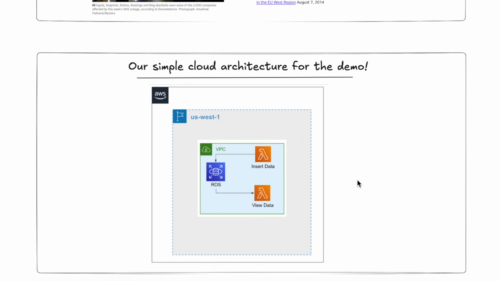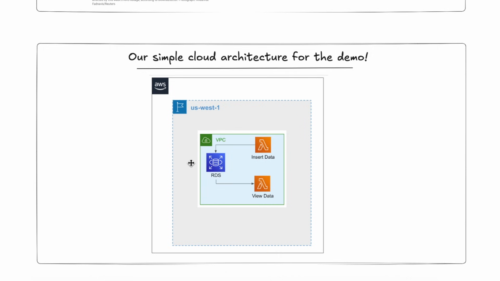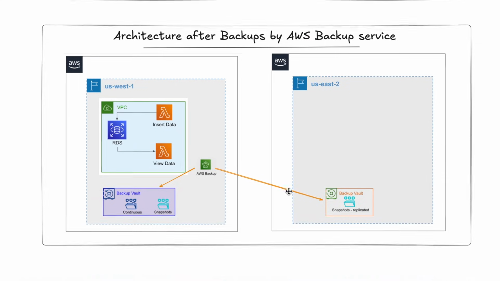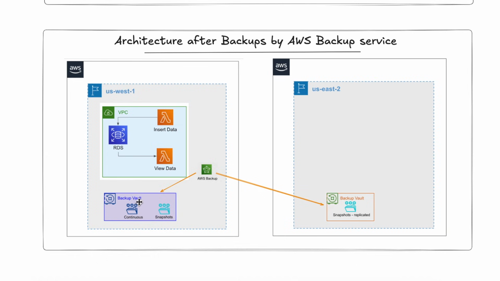Before we keep going, let me quickly show you where we are in the demo. We started our demo with a very simple setup. We had an RDS database and two Lambda functions to interact with it. There were no backups at all. After turning on AWS Backup service, we now have a backup vault in our primary region.